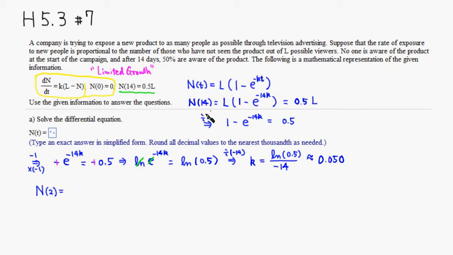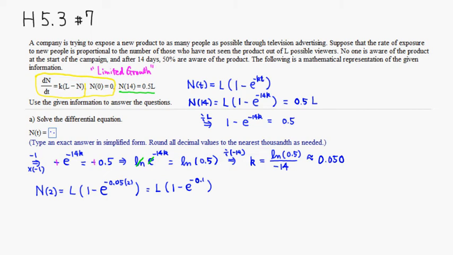We just plug in L times 1 minus e to the negative 0.05, then you multiply by 2, since t is 2. So we get L times 1 minus e to the negative 0.1.